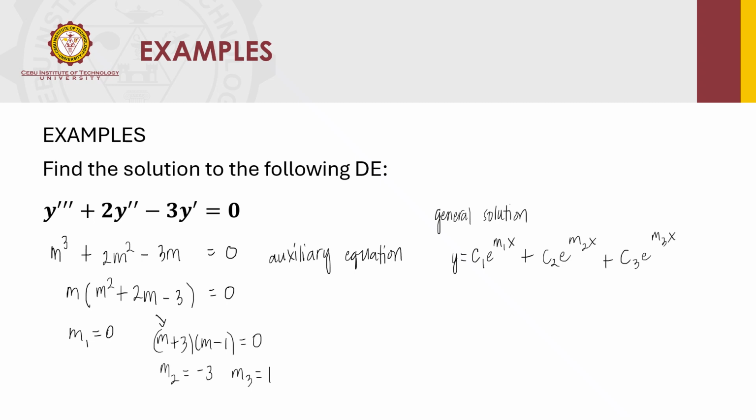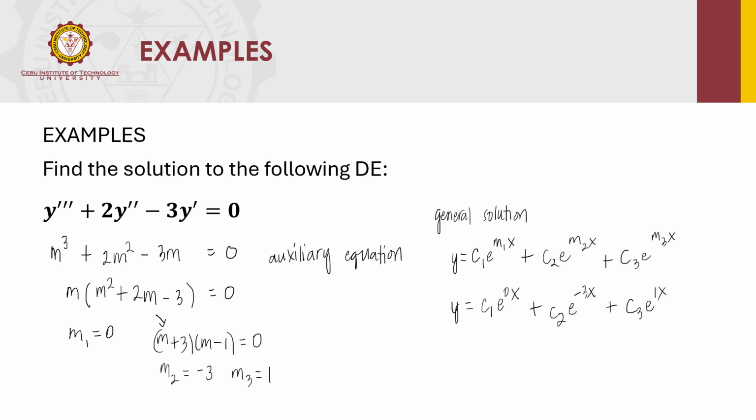So by plugging in the values of m1, m2, and m3, we have this general solution. y equals c sub 1 e to the 0x, and then c sub 2 e to the power of negative 3x, and c sub 3 times e to the 1x, or just x.